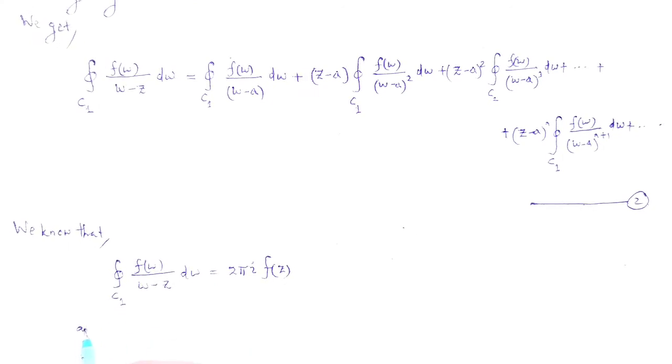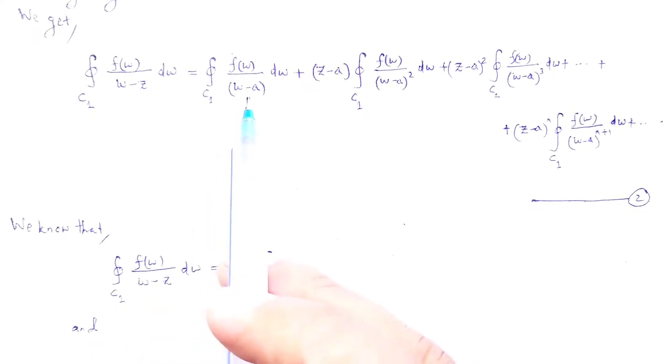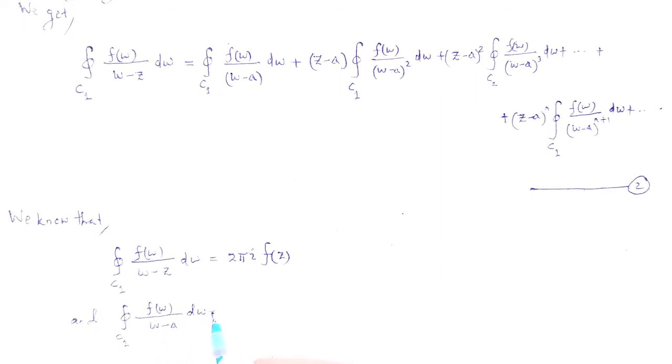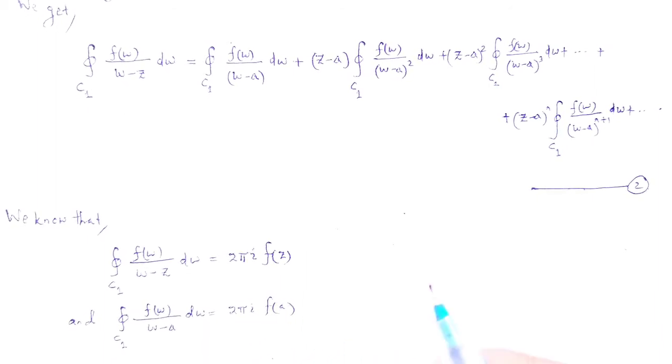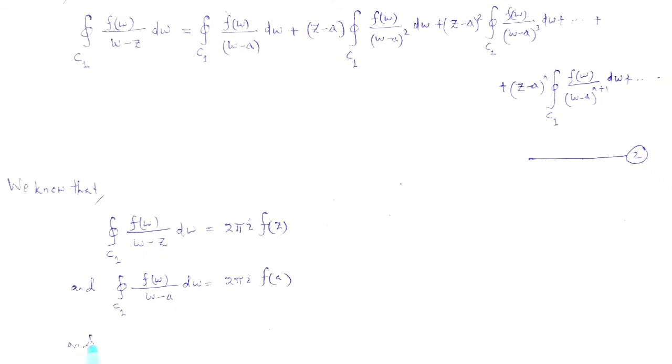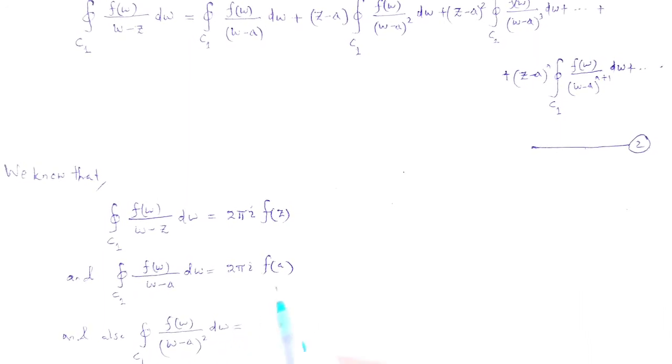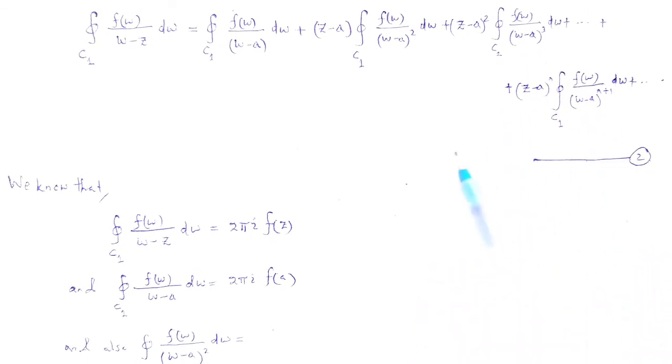And again, that type of integral, closed curve integration over C1 of f(w)/(w − a) dw, similarly gives 2πi f(a), and also the closed curve integration over C1 of f(w)/(w − a)² dw, that type of integral, square, cube and so on.